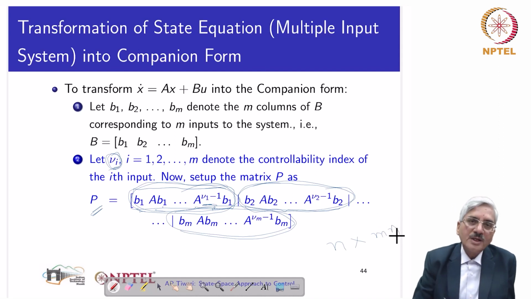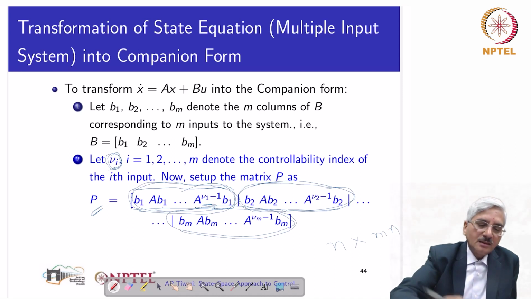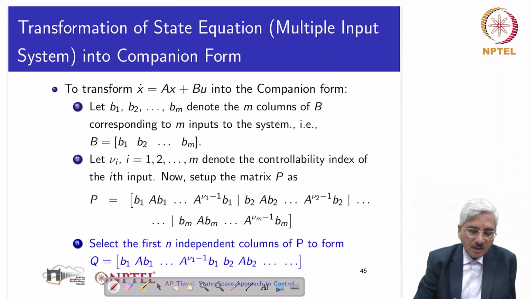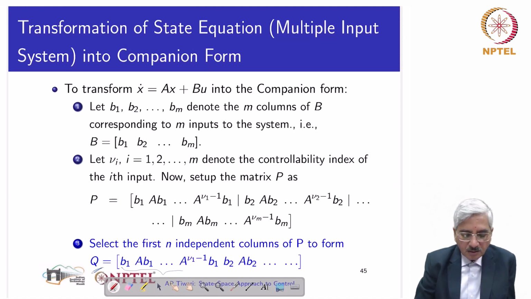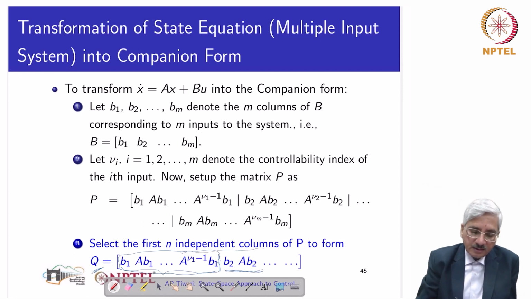From that, we have to select n independent columns to constitute the Q matrix. So we select all the columns coming from the first column vector B1 in B. We select till we get from B2, AB2, etc., till we get independent columns on all its left side.